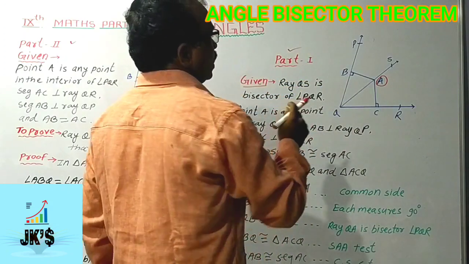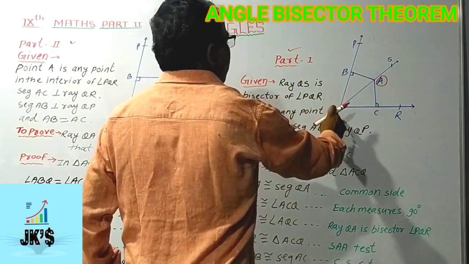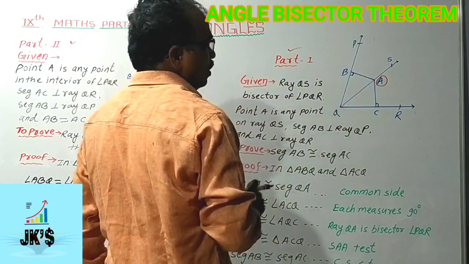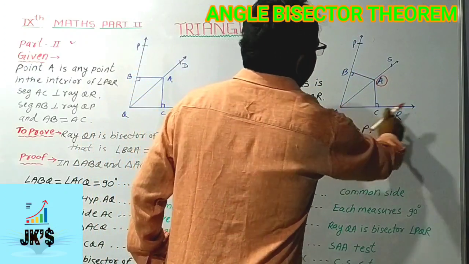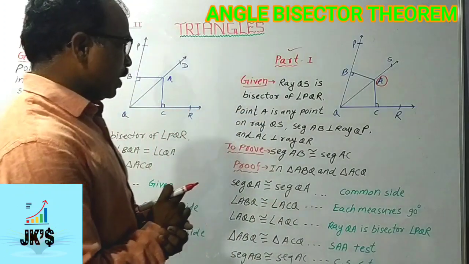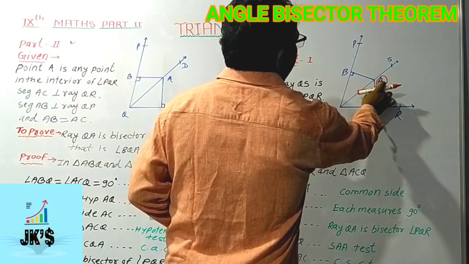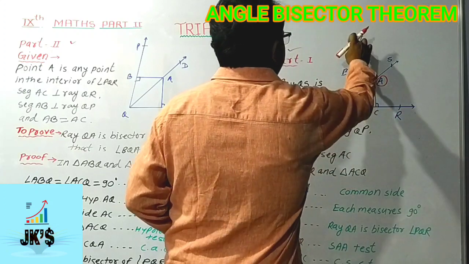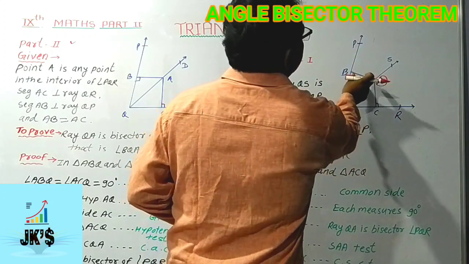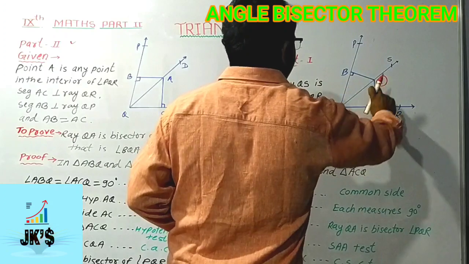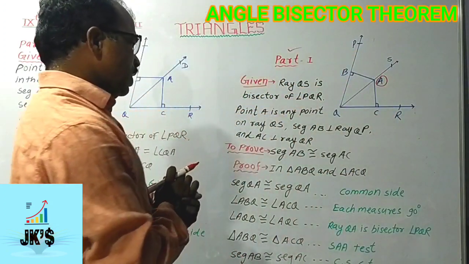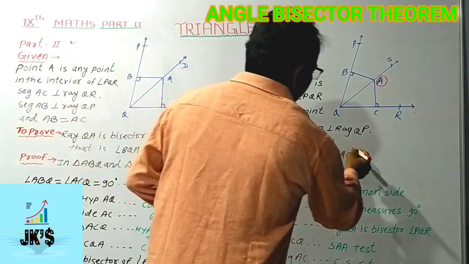That means AB is perpendicular to ray QP and AC is perpendicular to ray QR. And we have to prove the distance of A from QR and PQ are equal, that is, segment AB is congruent to segment AC. This is our to prove.